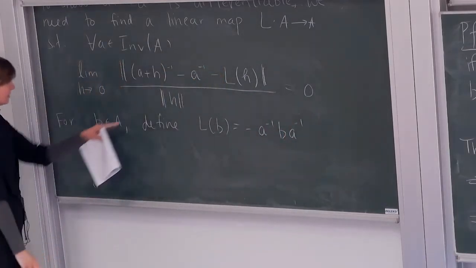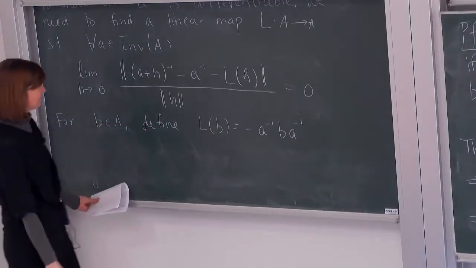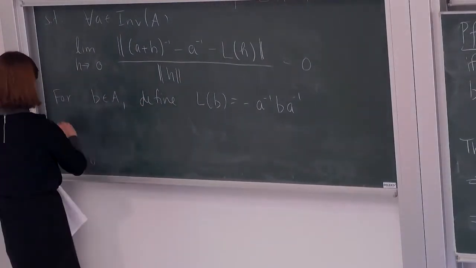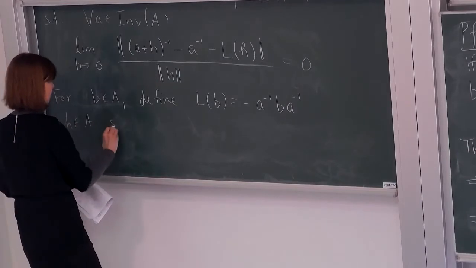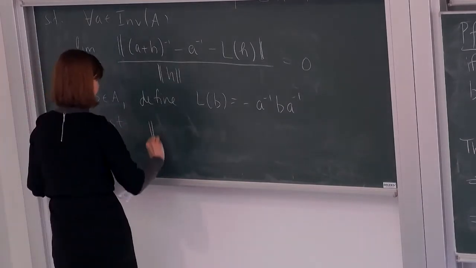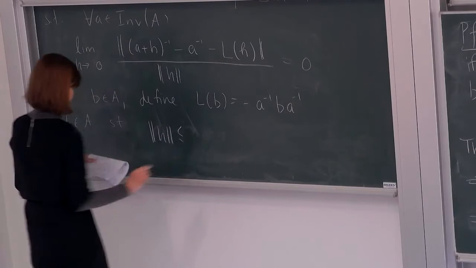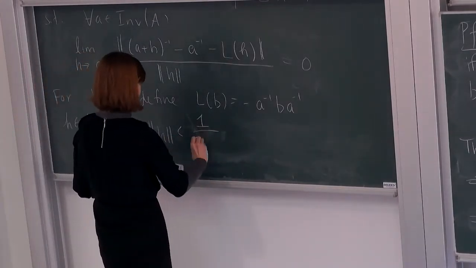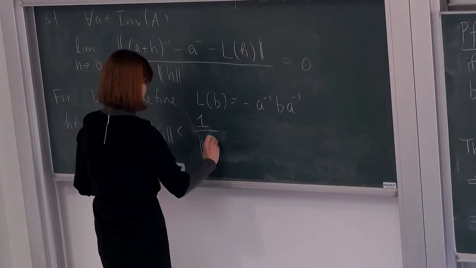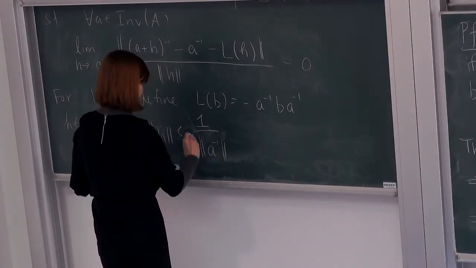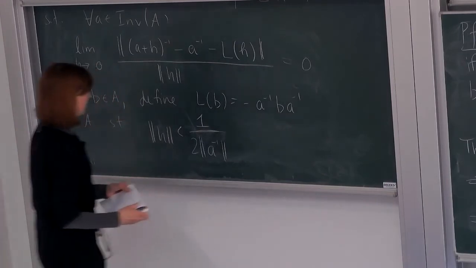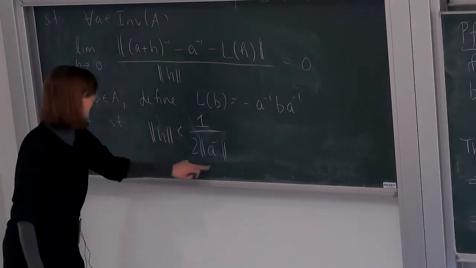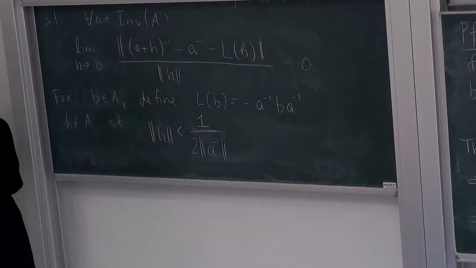And then let's take h to be small enough that we have this, maybe we'll even just do norm h less than one over 2 the norm of a inverse. And I'm running out of space again.